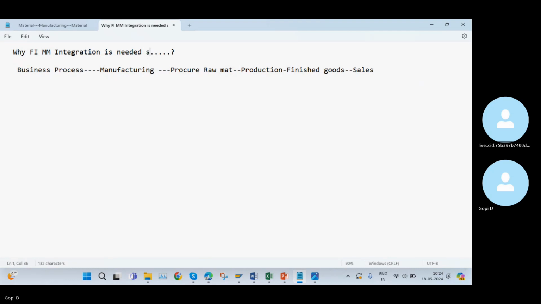In this scenario, please try to understand why the FI MM module integration is needed in SAP, or why the FI and SD module integration is needed in the SAP ERP tool. Let's say, for example, if you are going into this business process, being a consultant, understanding of the business process is very, very important. Usually, globally, we have majorly only three types of business process.